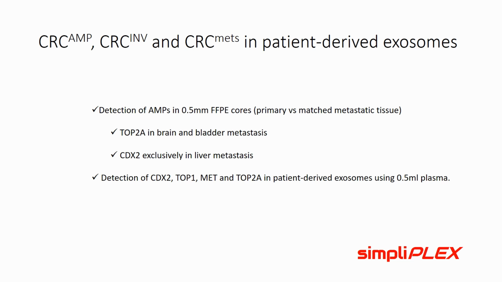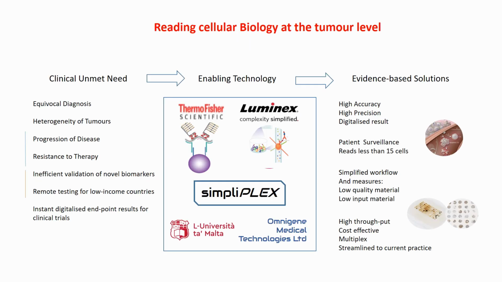So what I've put together here is, we're starting from biology. We understood that there is a specific phosphatase, and we can look at specific markers. And those markers, we went into the interest of gene amplifications because it was involved in gene amplifications. And therefore we wanted to read cellular biology at a tumor level, but also in the tumour-derived vesicles and cells in blood.